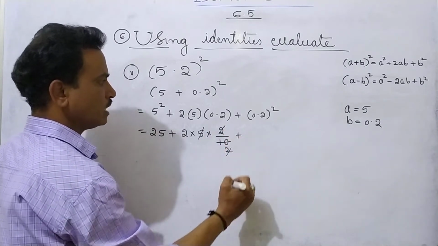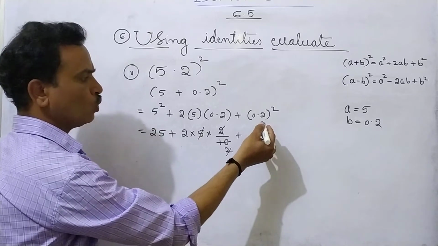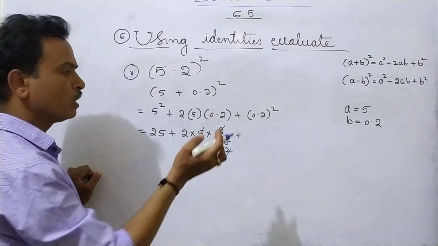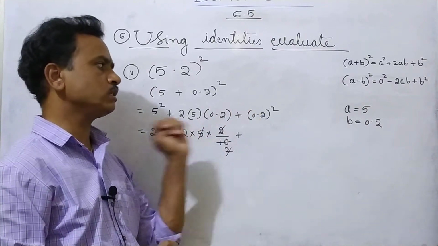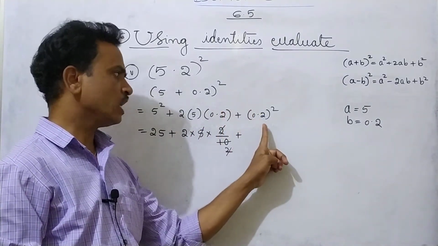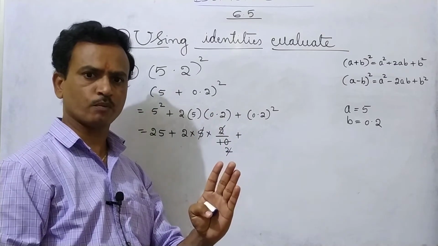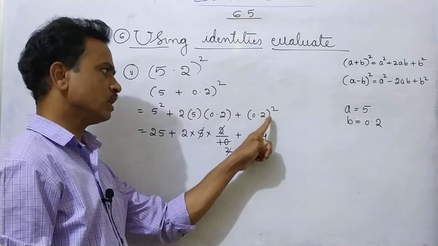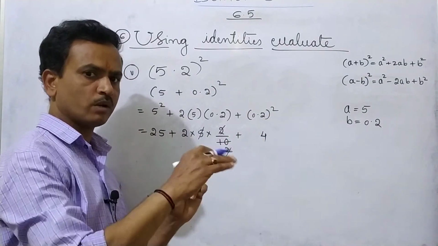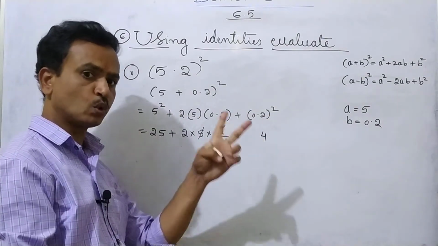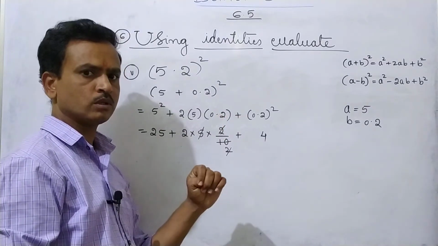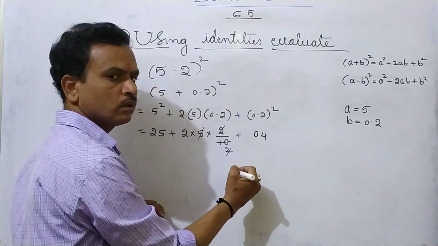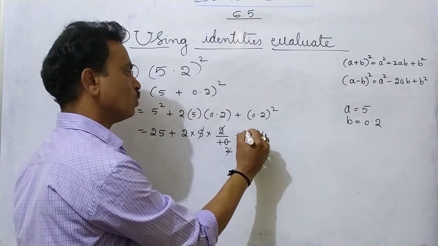Then here plus as it is. 0.2 whole square, that means you should multiply 0.2 into 0.2. Just ignore the decimal point, then 2 2s are 4. So first you should write 4. Now after one digit the point is there, so since we are making a square, after 2 digits you have to put the point. So already we got one digit, so put 1 0 here, then point, then 0.